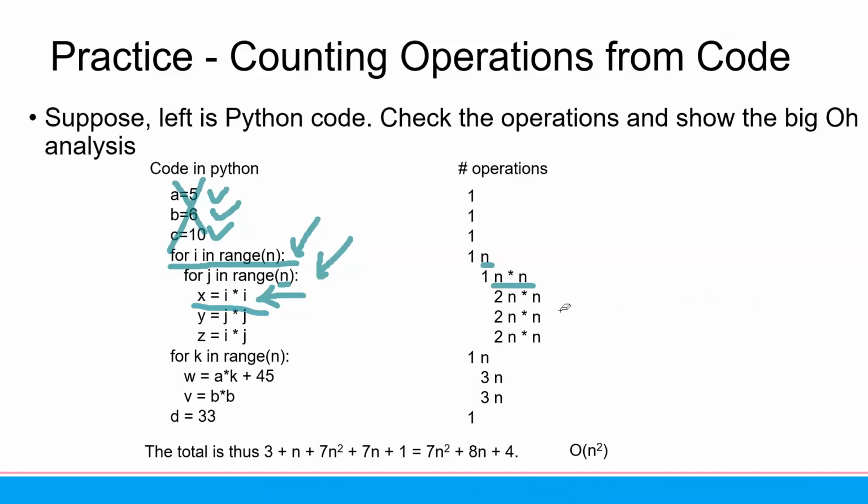Even though the multiplication is shown like this, it is just a primitive operation. It is also a primitive operation. This is also a primitive operation. Then you will still have n multiplied by n, or n power of 2.